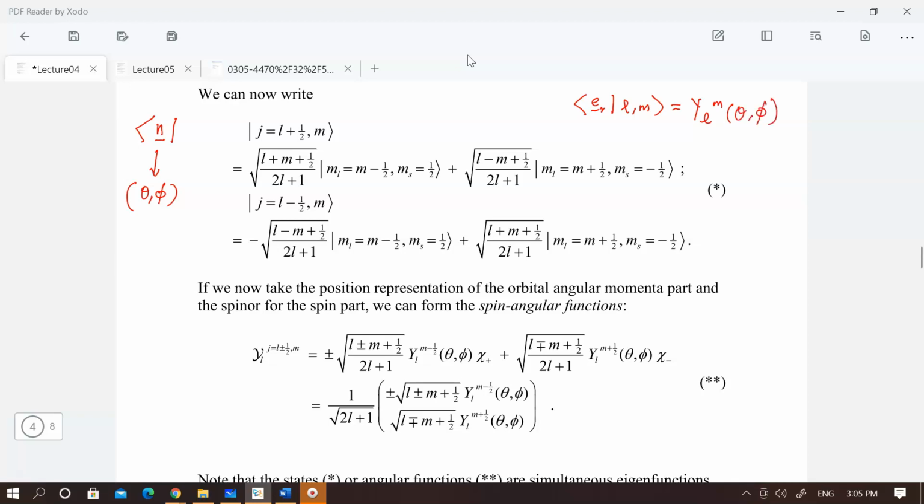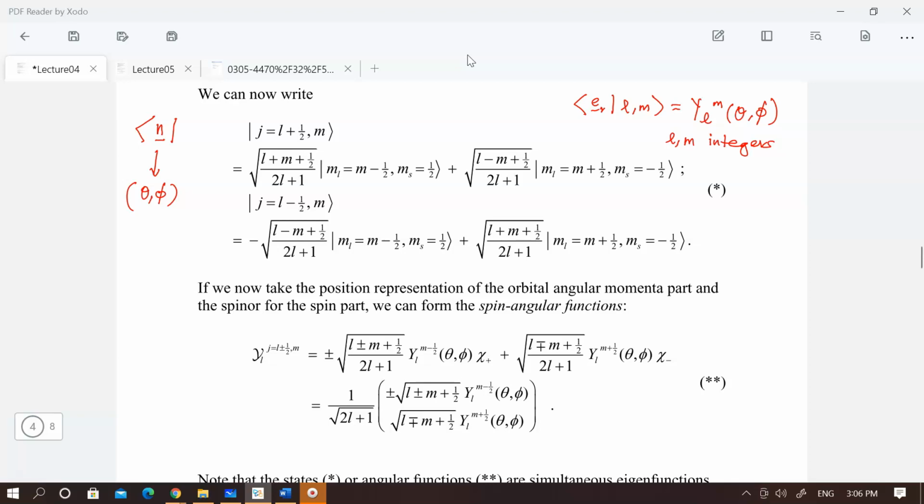In those cases that we discussed before in the first course, your L and M are restricted to integers. So over here is just your standard spherical harmonics.